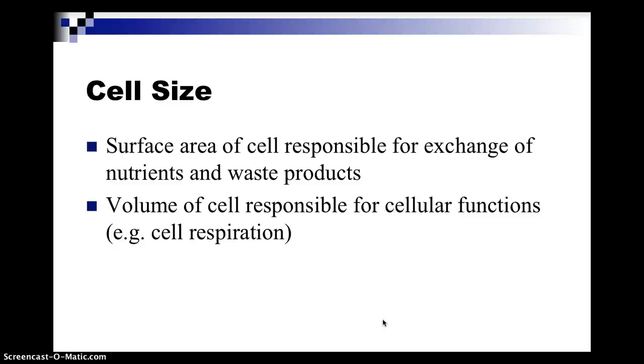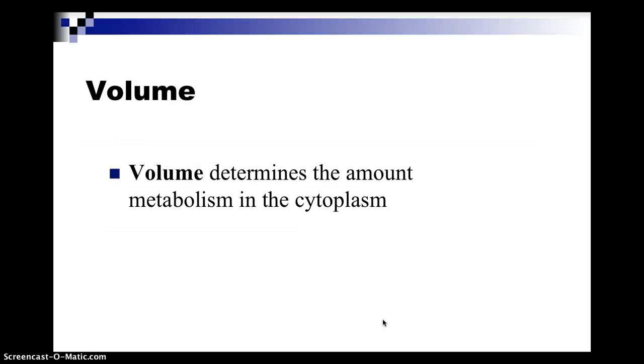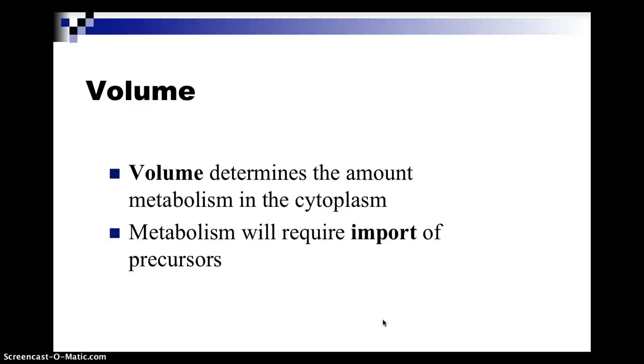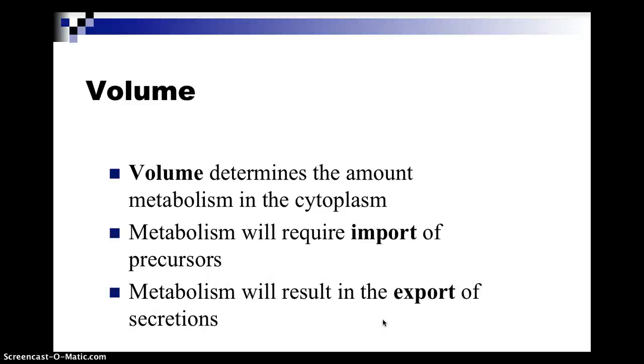When we look at this ratio, we're going to look at volume first, which determines the processing of nutrients and the development of waste inside of the cell. The metabolism requires import and export for it to work, so it relies on the surface area of the cell, which is responsible for importing and exporting substances from the cell.